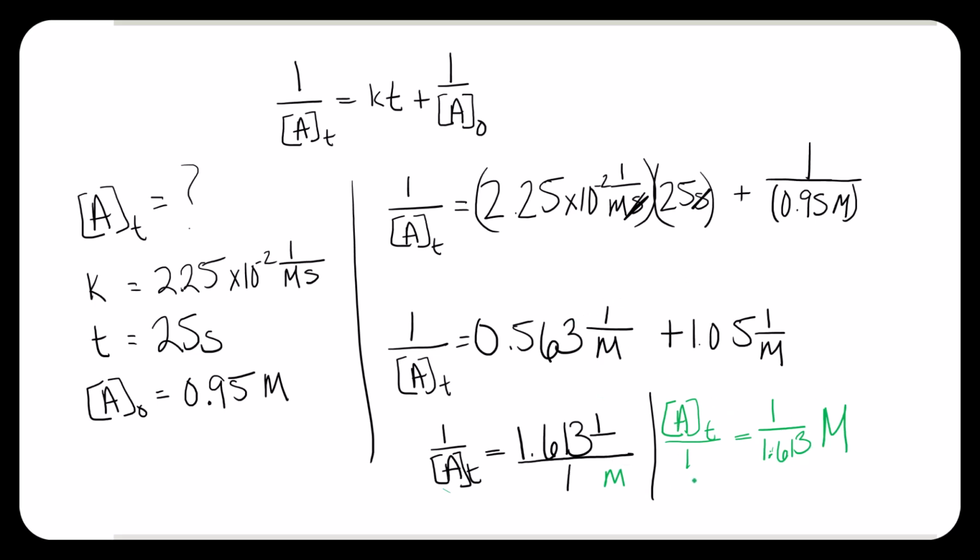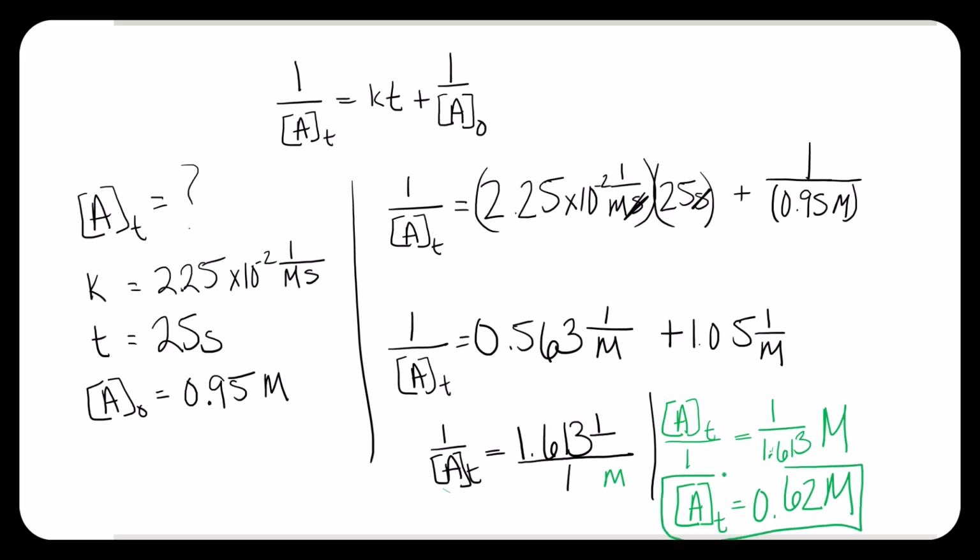Okay. So to get the concentration of A at time t, I'm just going to take 1 divided by that value. So 1 divided by 1.613. The concentration of A at time t is 0.62 molar.